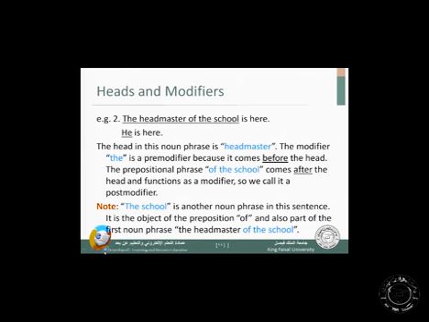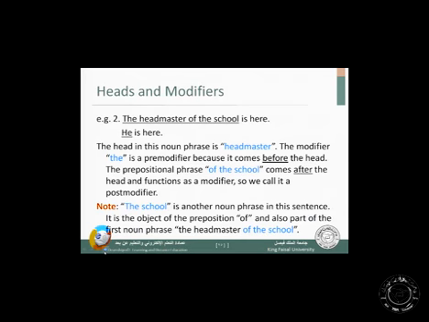The head in this noun phrase is headmaster. We are talking about the headmaster, who is here. So headmaster is the head. We have the modifier the that came before it, so it is a pre-modifier because it came before the head. And we also have the prepositional phrase of the school. So here we have the noun phrase, the headmaster of the school.